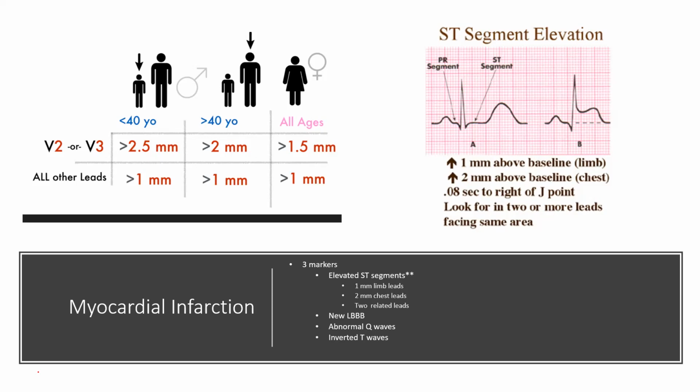Do we understand that? An ST elevation is considered to be significant if it is more than 1 millimeter above the baseline in the limb leads or 2 millimeters above the baseline in a precordial lead.